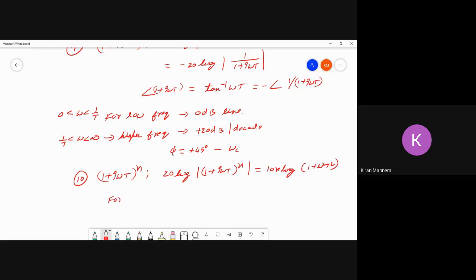Again, for omega less than 1 by t, the magnitude would be a 0 dB line, and for omega greater than 1 by t, the magnitude would be (j omega t) to the power of n, so the magnitude would be 20n log omega t.